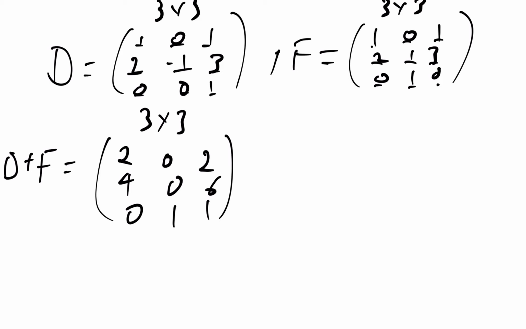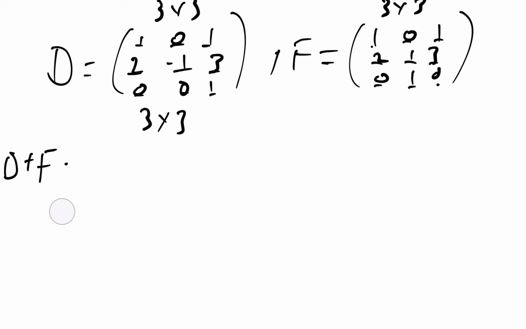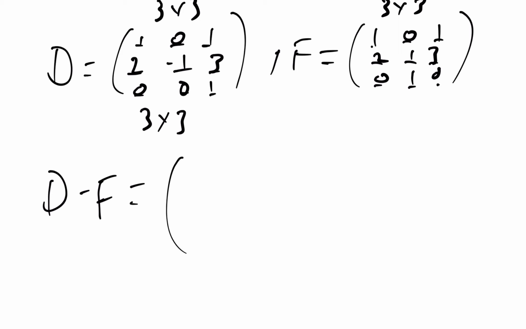Okay, so even if we do subtraction, it's just the same thing. For instance, if the question here was to find D minus F, you're going to do the same thing. Firstly, you consider whether the order of the matrices are the same or not.